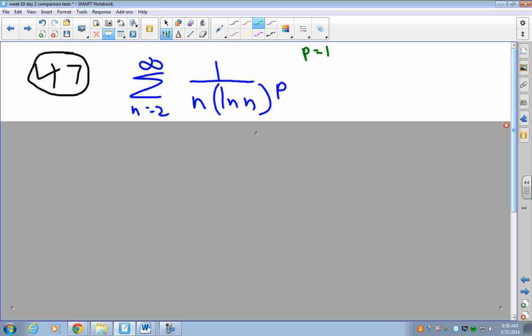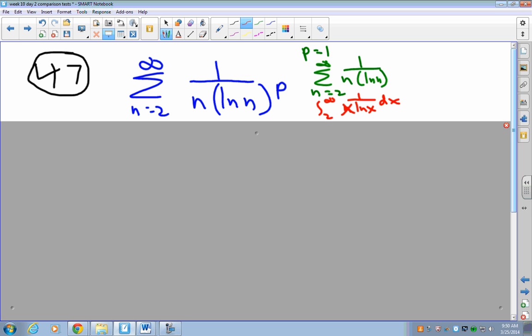If I said p was 1, what type of integral, can you do this integral if I change it to an integral? This is just like that ln of x over x. Is this a perfect fit if you do integration right here? If I decided to do 2 to infinity, oops. Can you do that one really quickly?